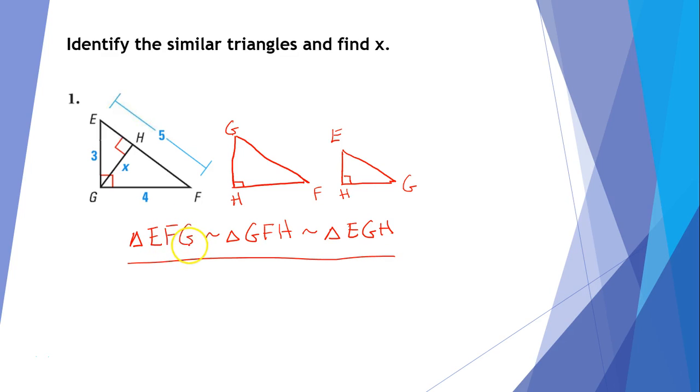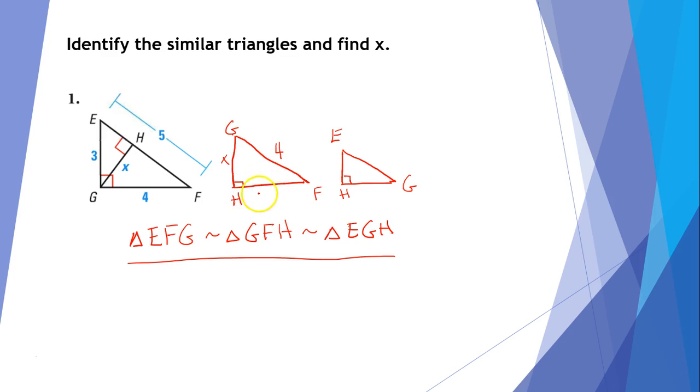Okay, now to find our x value. How we're going to do that? Well, let's label these sides of our right triangles here. GH, that is our x, and GF, do we have a GF? Yes, we do. GF right here is 4.